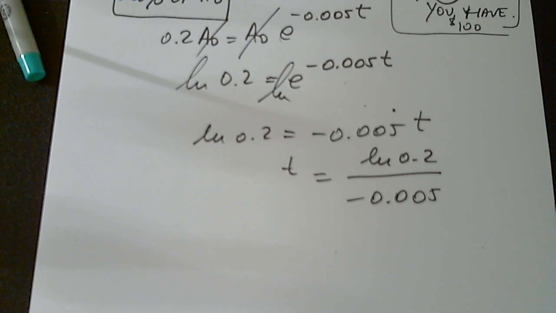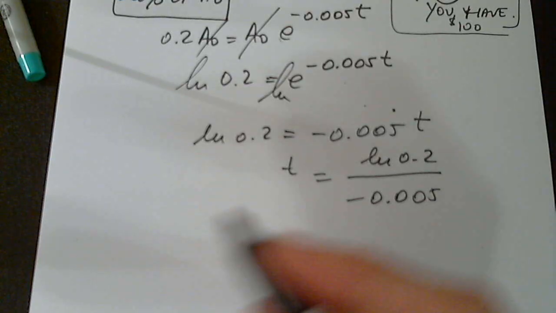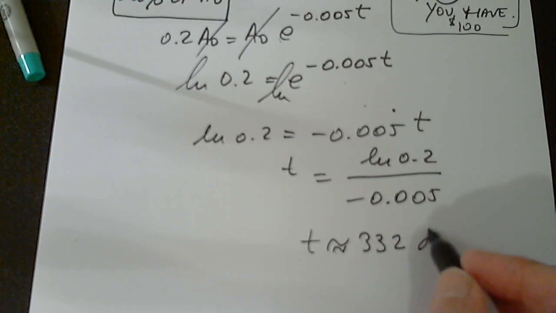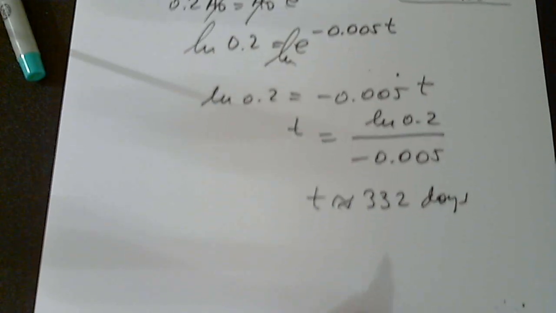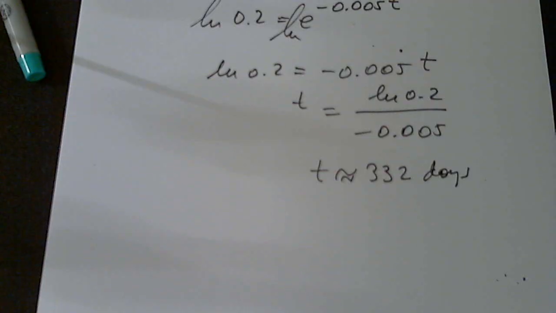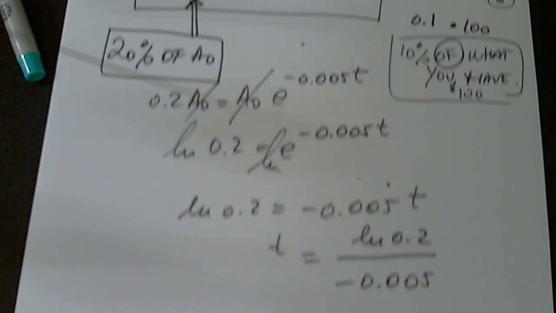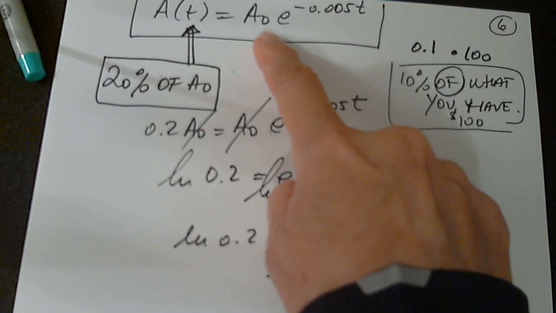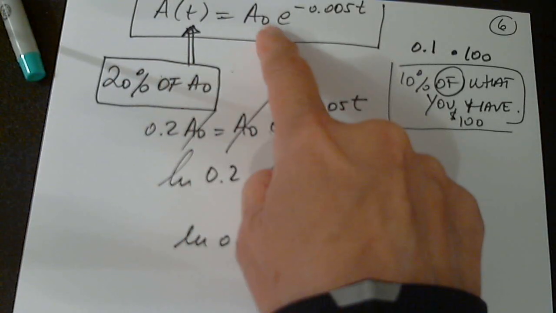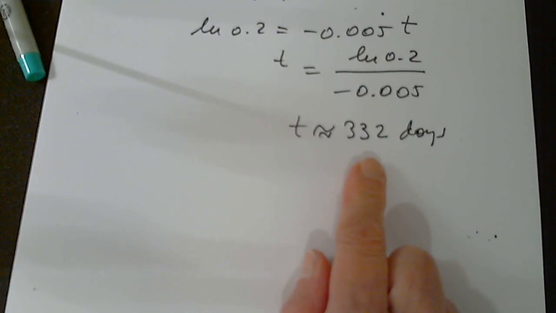From 100% to 20%, it has to be more than 140 days. Here it is, roughly 322 days. So t is approximately 332 days. So if I have 100 milligrams, it gets to 20 milligrams in 332 days.